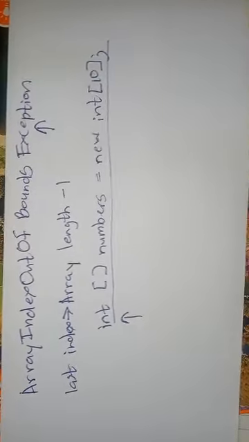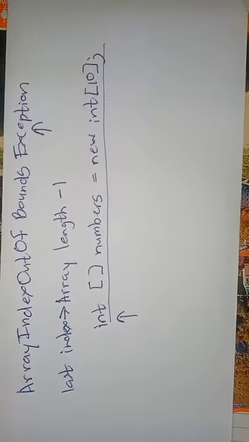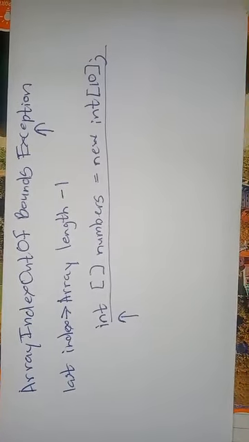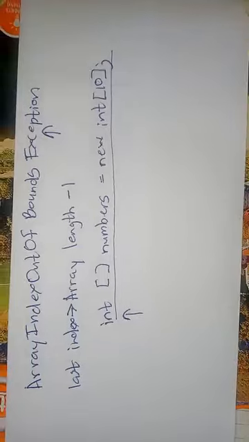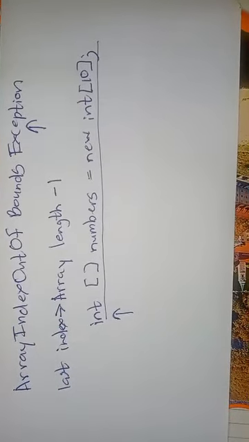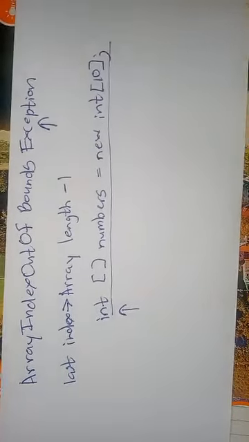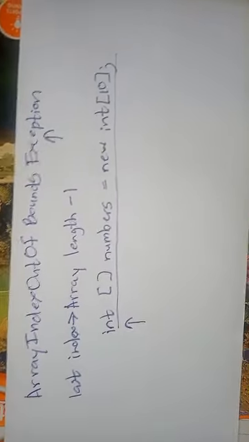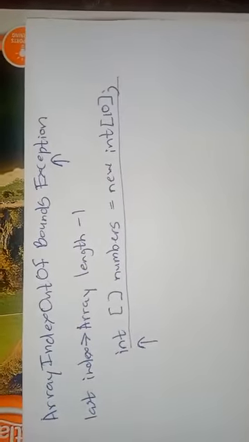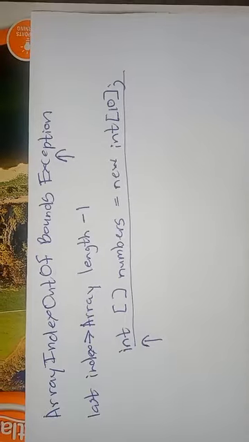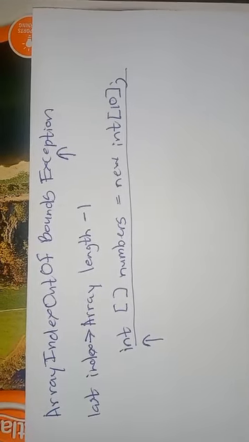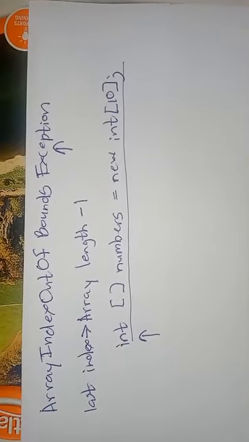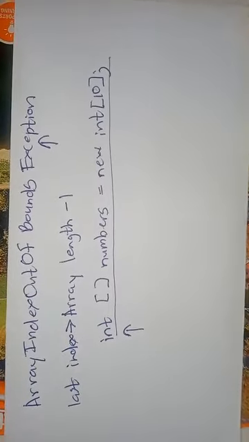So this is an integer type array. So at the time of declaration, all the 10 elements of this array will be 0, soon after you declare this, because you have not set the values to the array.